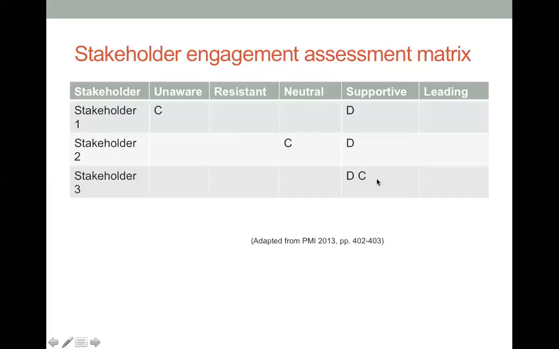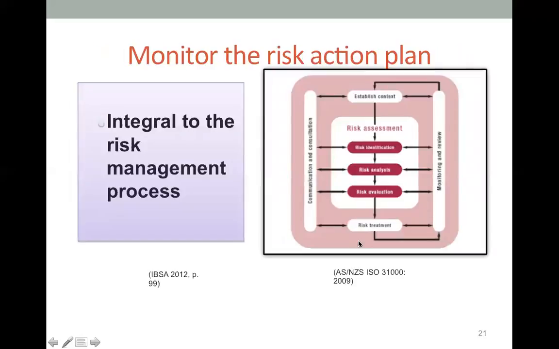And stakeholder 3 is already supportive, which is in line with our desired position. If we can move this stakeholder further into a leading position, that is fantastic. When we monitor it, we keep them posted and understand their position. So that helps us to understand the stakeholders.